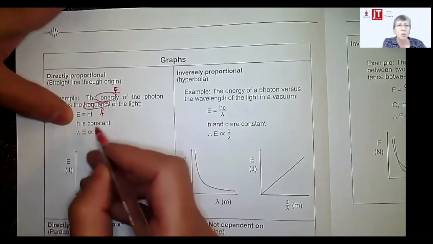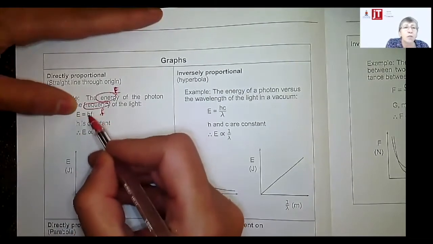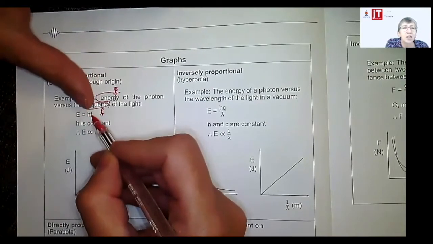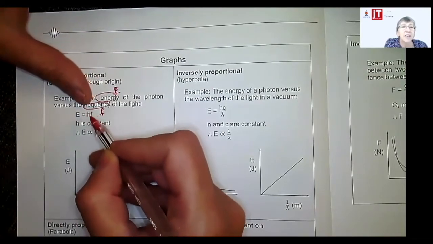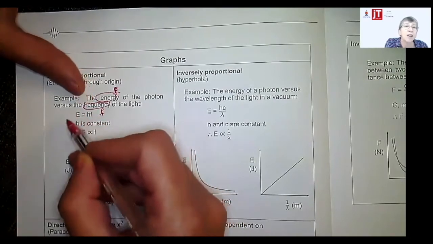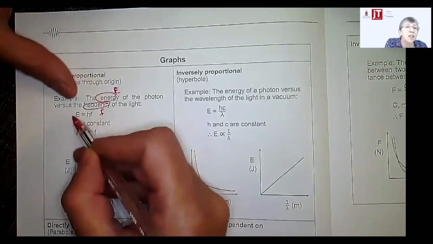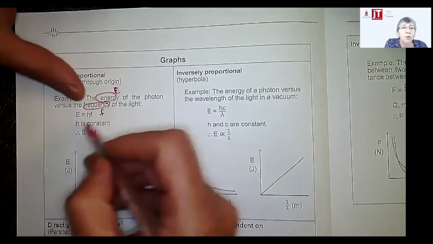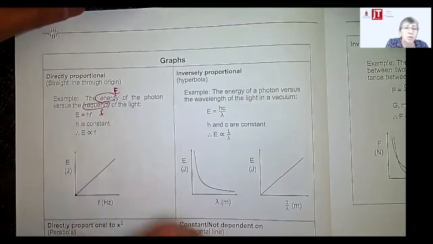So you know that one is constant. That tells you E is directly proportional to f. If h is constant and f doubles, it means the right-hand side doubles, and therefore the left-hand side will double. If f increases with a factor 2, then E will increase with a factor 2. Same for decrease, right? So it's a straight line, and remember, it's through the origin.